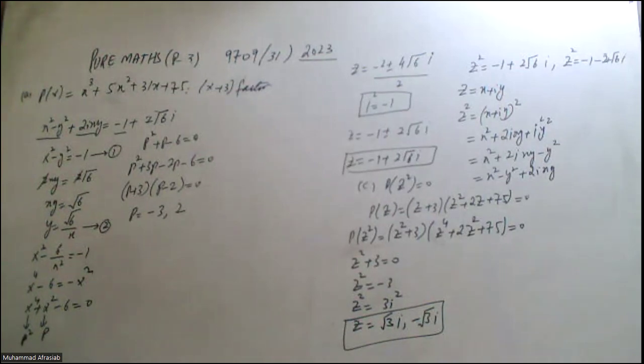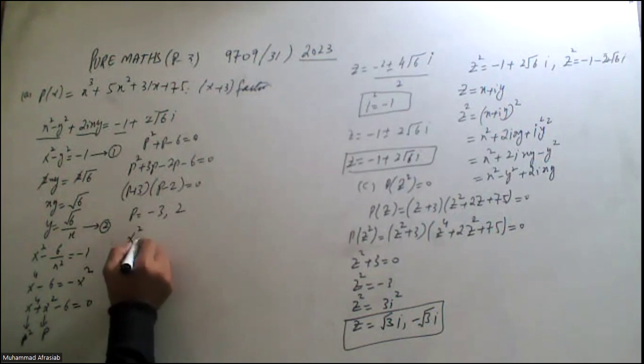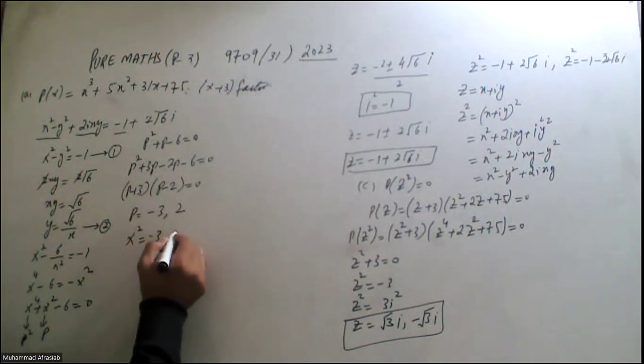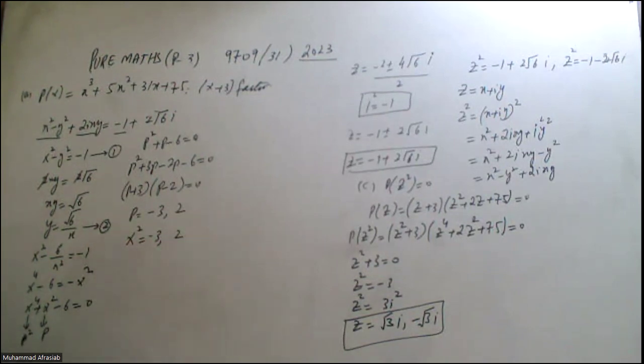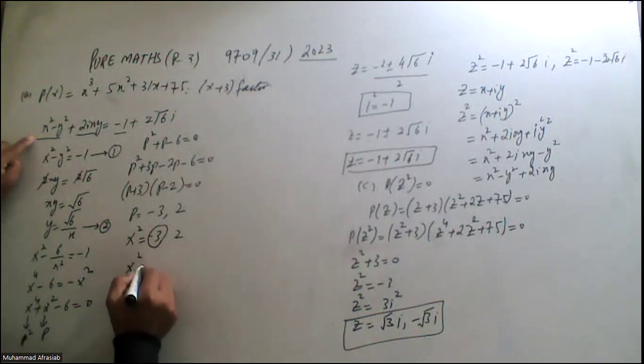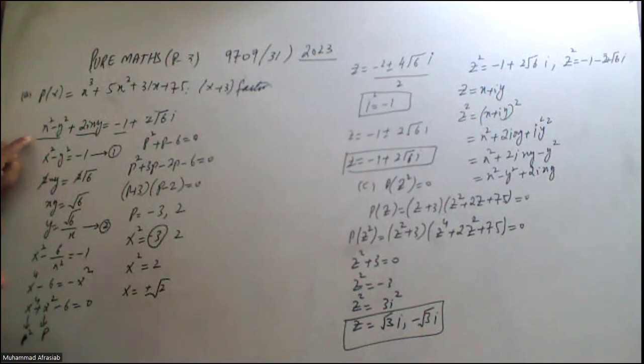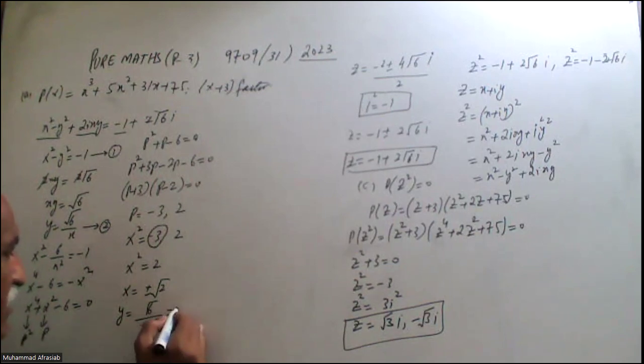But p we have supposed equal to x square. So x square is equal to -3 or it is equal to 2. But -3 is not possible because x we have taken as a real component. So x square should be equal to 2, then x will be equal to plus minus root 2. Then the y value is equal to root 6 over plus minus root 2, that is equal to plus minus root 3 there.